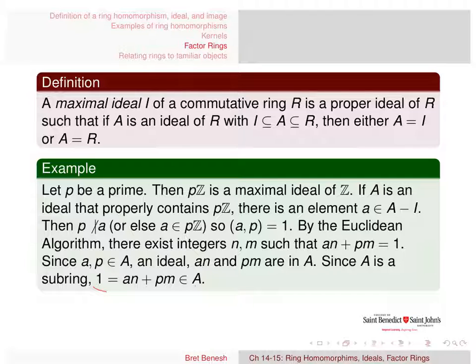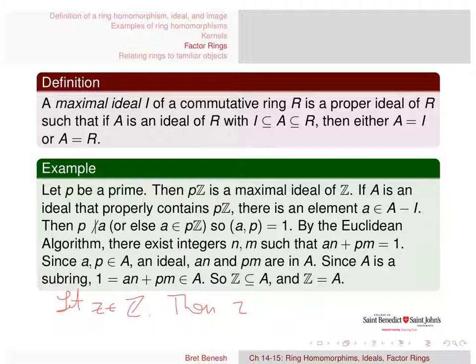I can use the absorption property to show that A is equal to the integers now. Because if 1 is in here, let z belong to Z. Then z equals 1 times z belongs to A by the absorption property. So that means that we get containment of the rings, and so Z equals A.